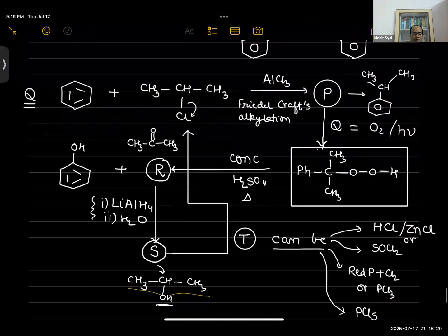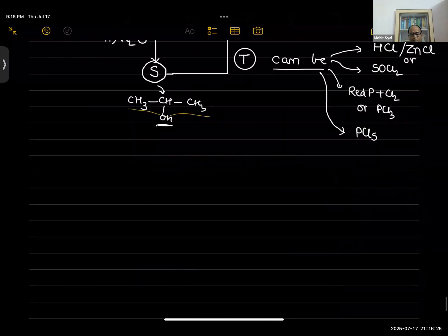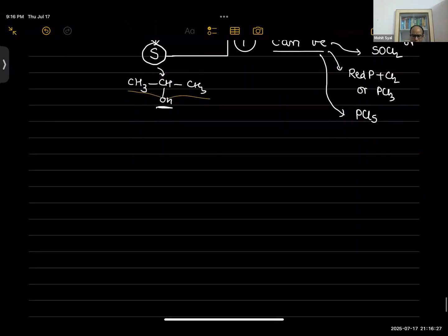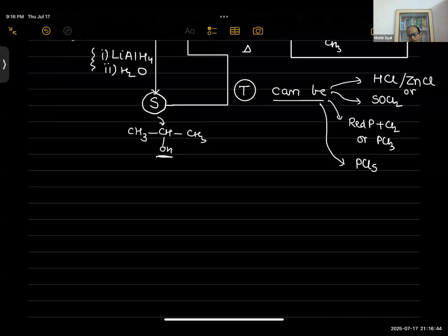This is the preparation of alcohol, and the alcohols can be converted back to alkyl halide by HCl/ZnCl2, that is Lucas reagent, or SOCl2, that was the SNi mechanism.